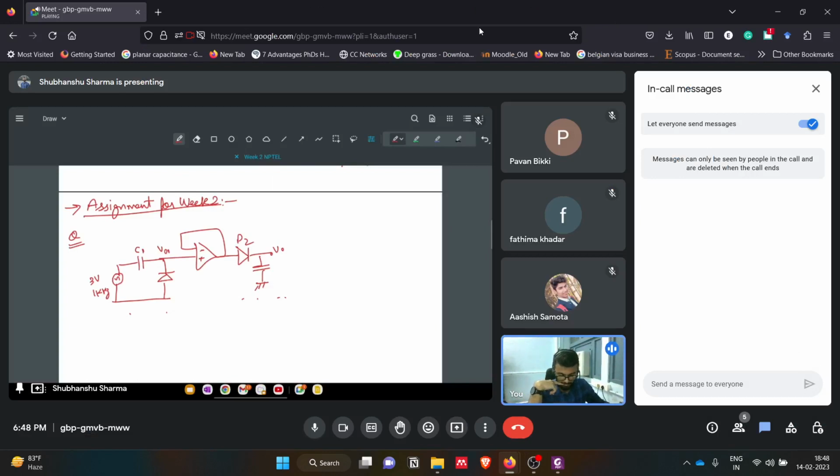I will just say that this is a clamper circuit, and this is a peak detector.